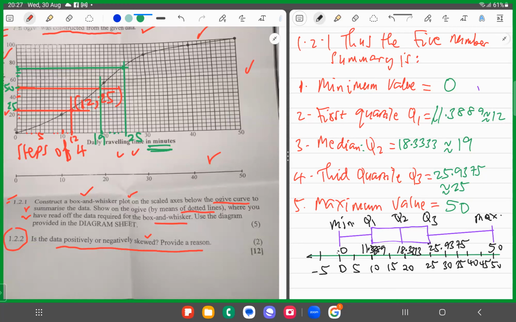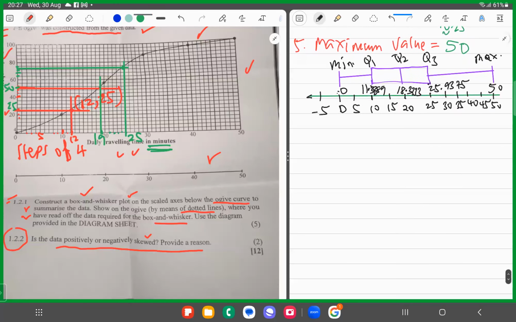Right, so now let's analyze this. For positive skewness, you'd have to compare Q3 minus Q2 with Q2 minus Q1.